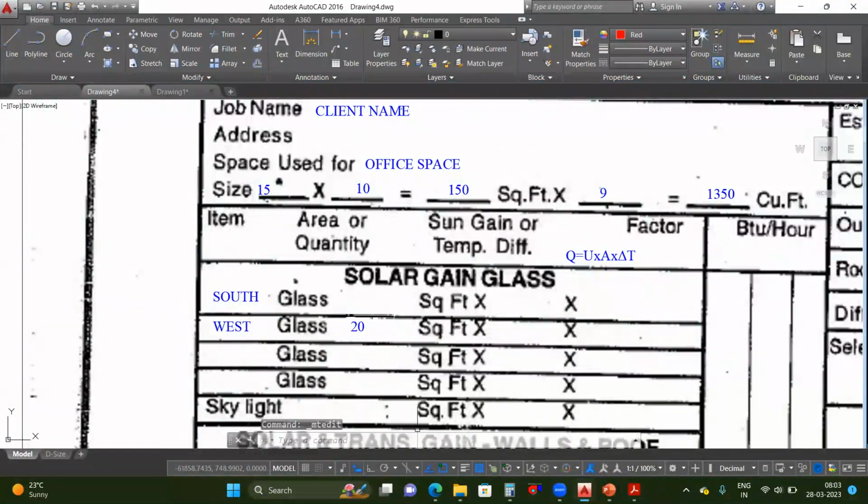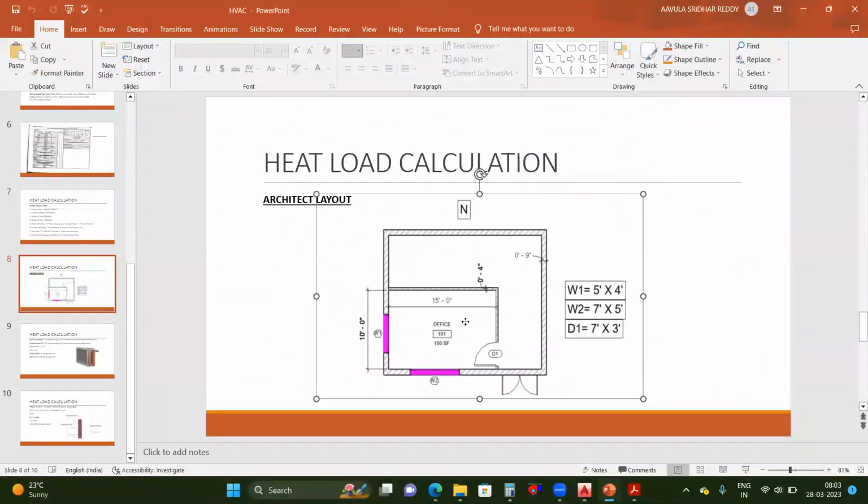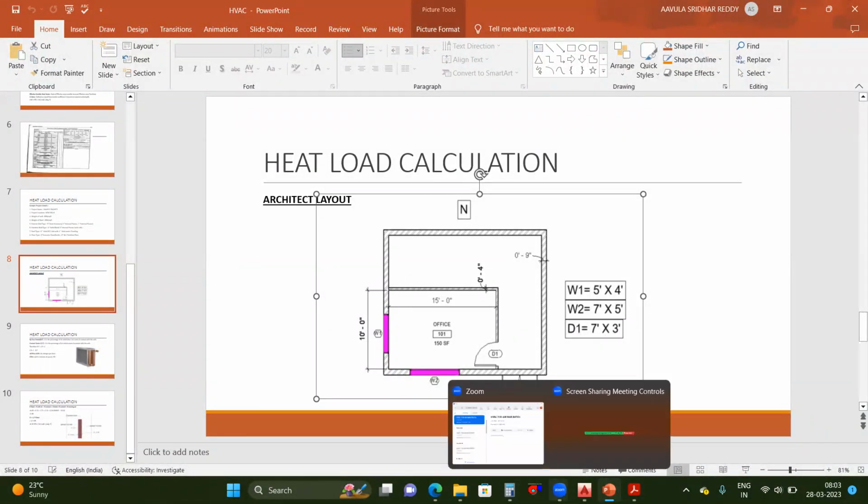What is the south side area? The south side is W2. So 7 multiplied by 5, that is 35.